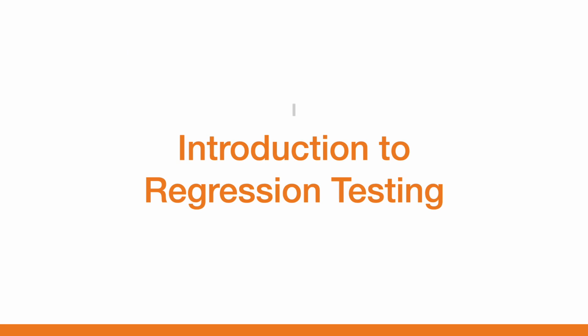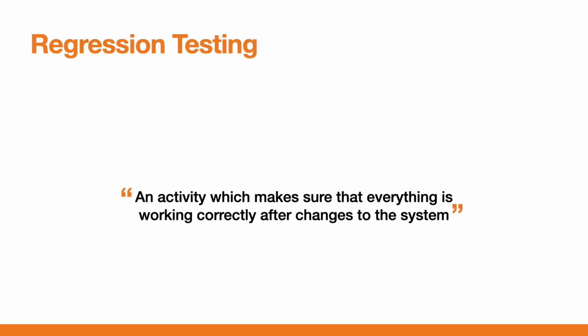So first, regarding regression testing, it is an activity whose primary goal is to make sure that things continue to work after changes have been made to a certain system.